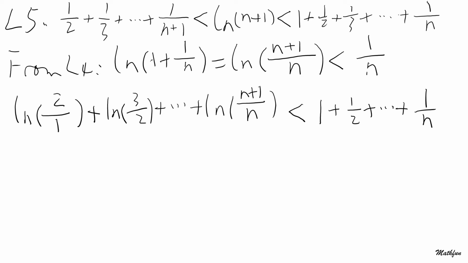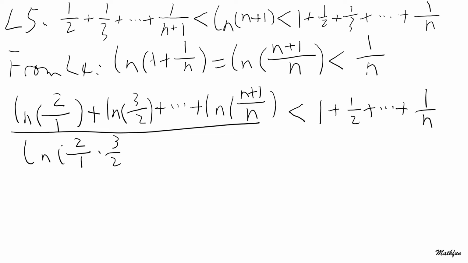Okay, so now what? Well, it's actually pretty simple, because those are natural logs and all of them are positive numbers, aren't they? They obviously have to be. So the left side equals the natural log of 2 over 1 times the second item 3 over 2, and obviously the next one will be 4 over 3, right? Etc., up to n plus 1 over n.